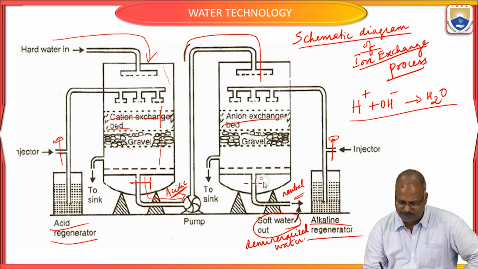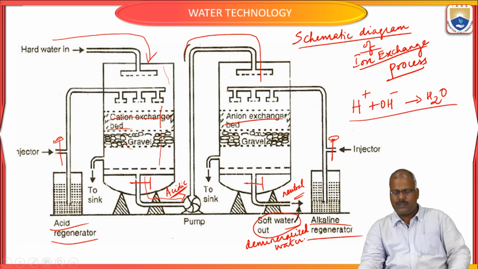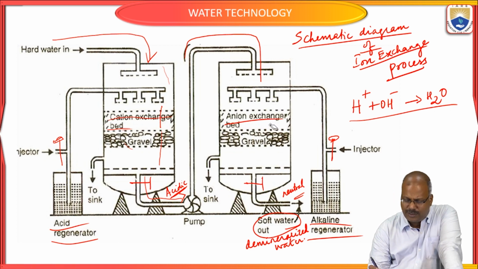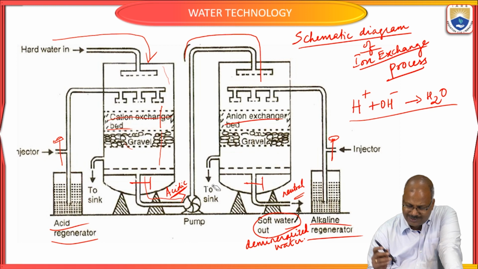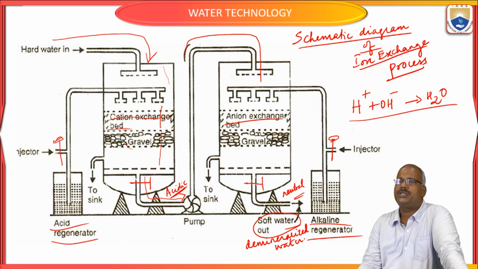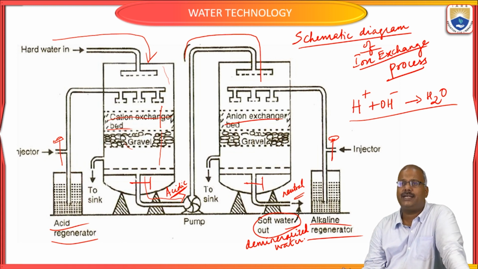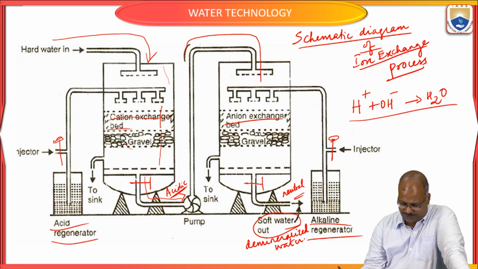Similarly, we will close this, and then when we inject alkaline NaOH, the OH minus will go to the resin, and whatever anions it had exchanged, such as chloride, will come out to the sink. Thereby we are regenerating the anion exchanger and cation exchanger beds for using them again for ion exchange.